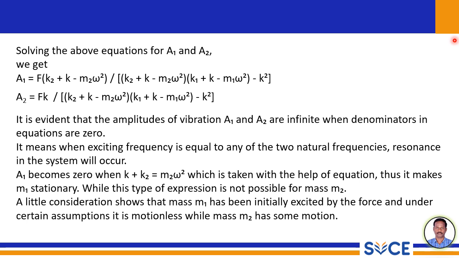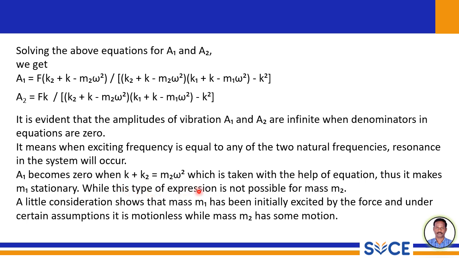This means that the exciting frequency matches one of the two natural frequencies of the system, therefore resonance will occur. At resonance, the amplitudes of vibration become theoretically infinite, leading to potentially destructive vibration in real-world systems. A1 becomes 0 when K1 plus K2 equals M2 omega square.